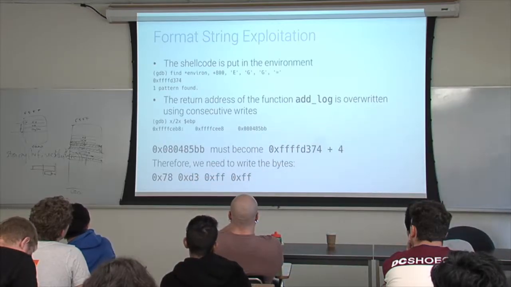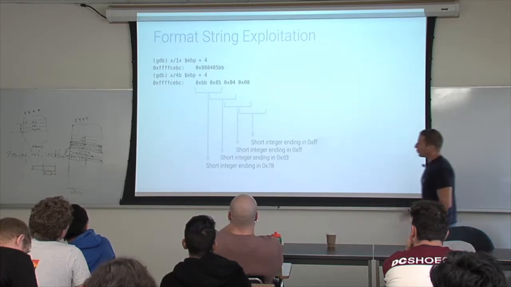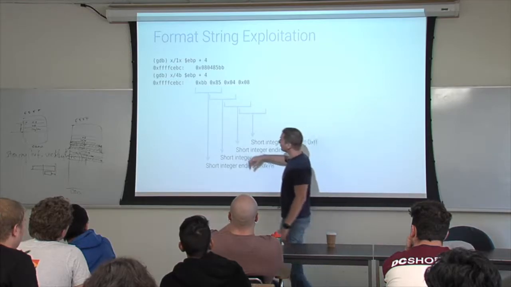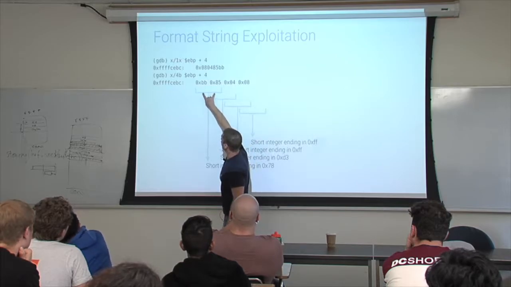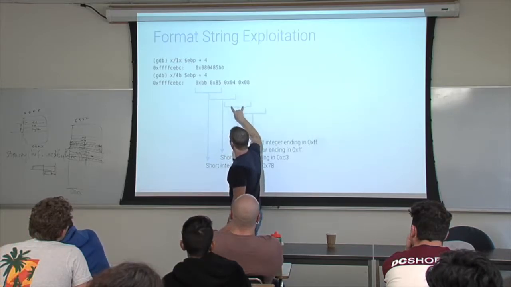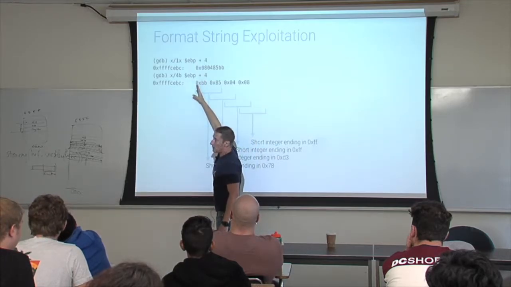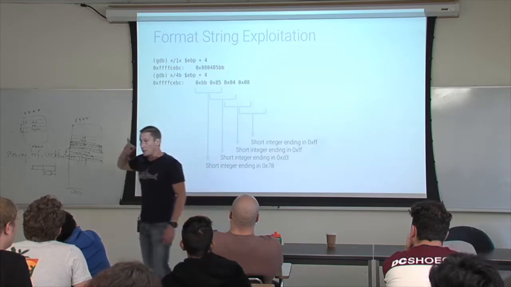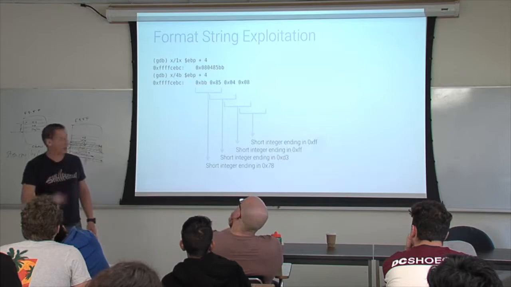There is one that is pretty reliable, which is to write 4 short integers. Why? Because by writing 4 integers, you can always control the lower byte. This is, again, little endian. So the least significant byte comes first, and then the most significant byte.